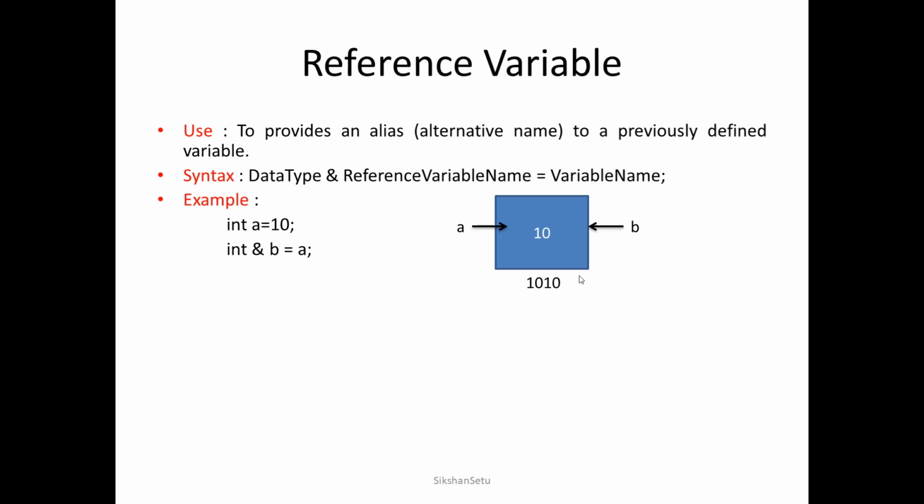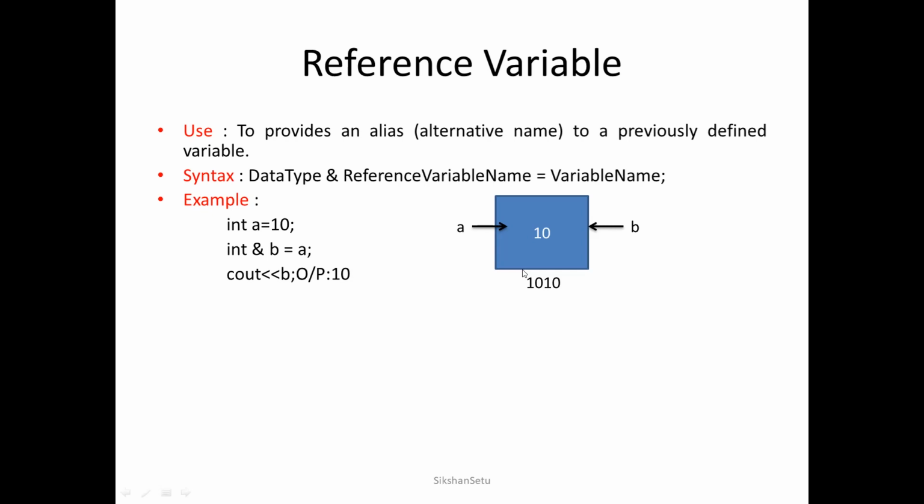Here what I mean to say is, when we create a reference variable, in this case B, no separate memory location will be given to B. B will only be linking or referring to the pre-existing memory location.